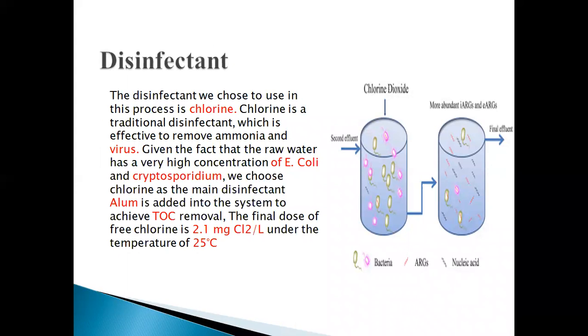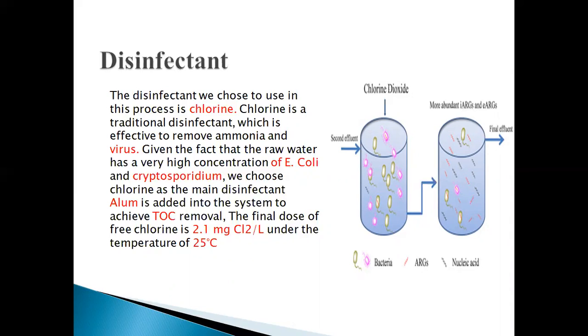This is the final step of my treatment train: disinfection. As you know, river water contains many biological contaminants such as E. coli, Cryptosporidium, and Salmonella. To remove such biological contaminants, we use chlorine as a disinfectant.